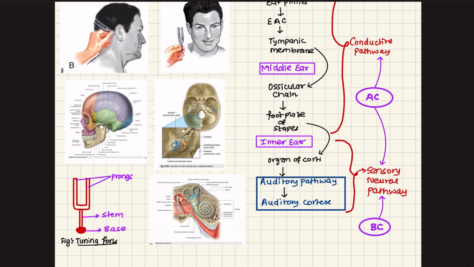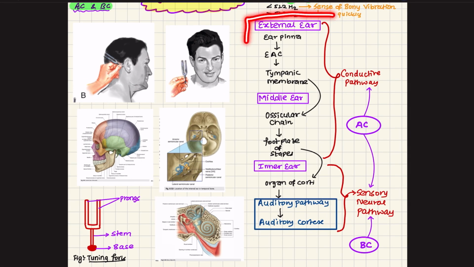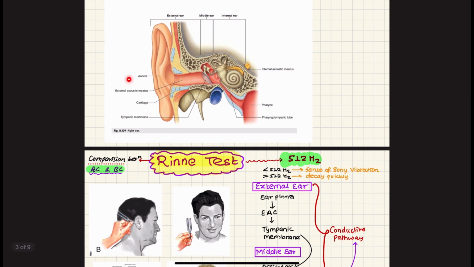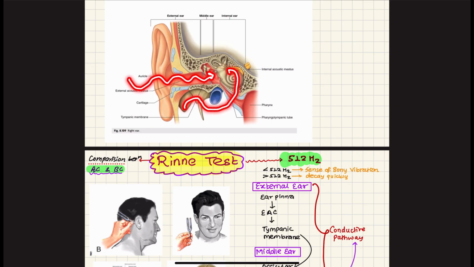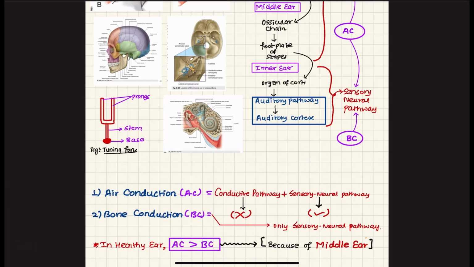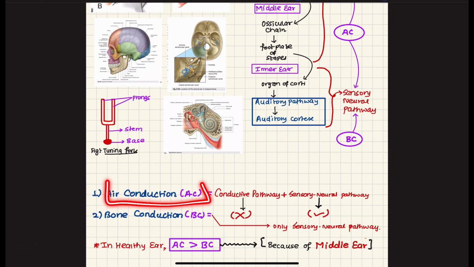So in bony conduction, this whole conductive pathway has been escaped because the sound is not being transmitted through this channel. The sound is transmitted through the bony pathway. So in bony conduction, only the sensorineural pathway is involved. The same thing is written here: in air conduction, conductive pathway plus sensorineural pathway.